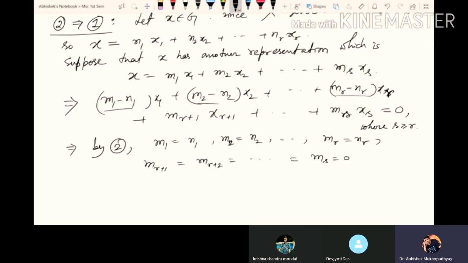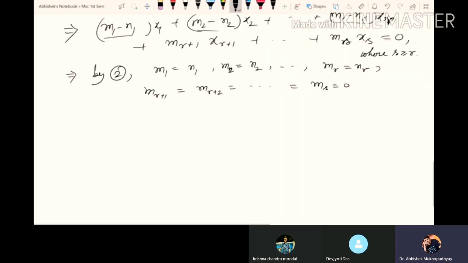Right? Okay. So this proves that the coefficients are unique.